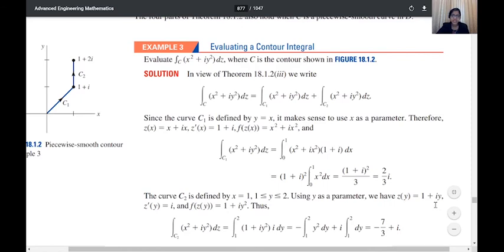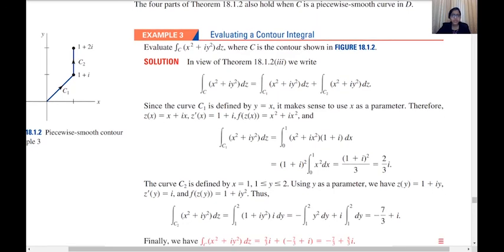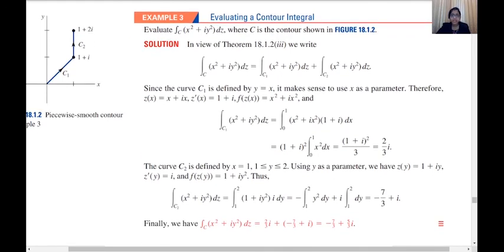So what will be z dash of y? It will be nothing but i. And what will be f of z of y? Since x is 1, that is (1 plus i y square). And again, solving, we'll get the integral over c2 of x square plus i y square dz will be equal to integral 1 to 2 of (1 plus i y square) into dz, which is nothing but i dy.